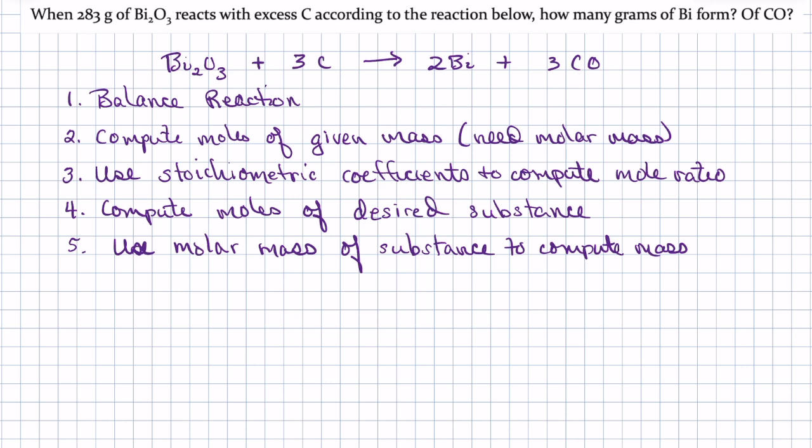All right, so we're going to go to the periodic table and look up the molar mass of bismuth. And we see that that's 208.98 grams per mole.